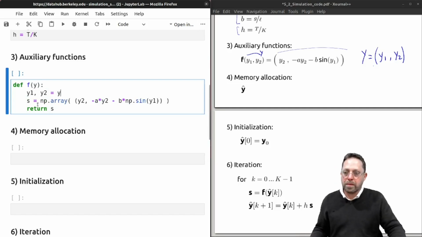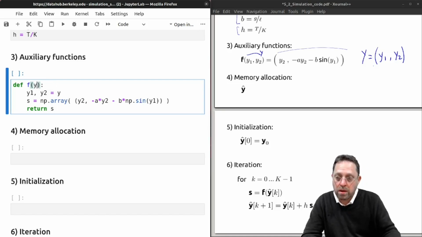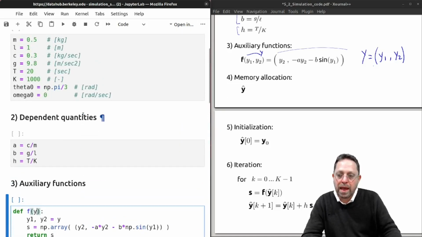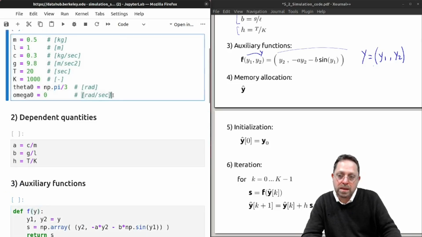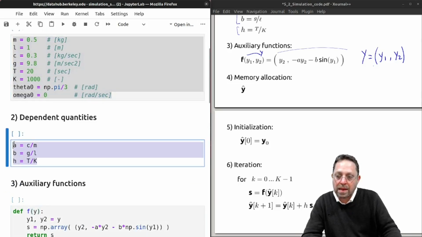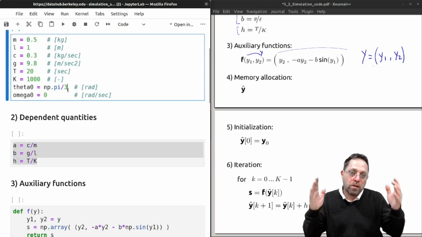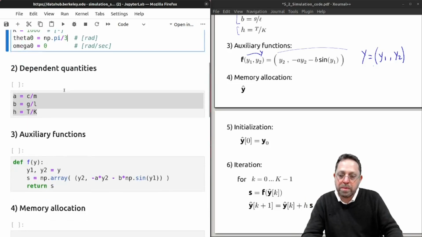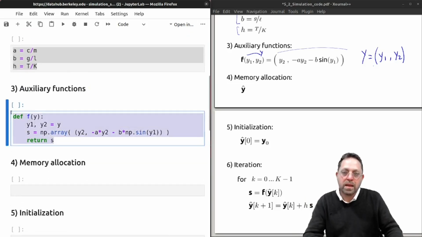There you go. How about A and B? Do we need to pass these in as well? Well, the answer is no, because in Python, any variables or constants that are defined at this high level, like the dependent quantities and the constants, that's called the global scope, are going to be available within functions that are also defined at that level.